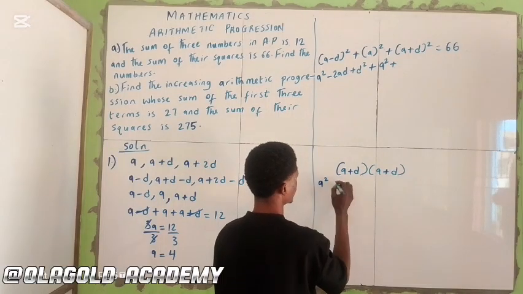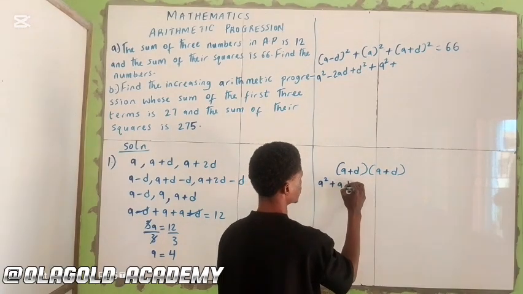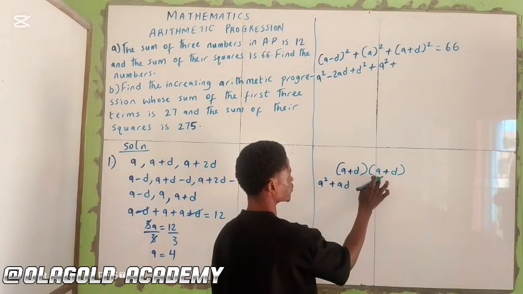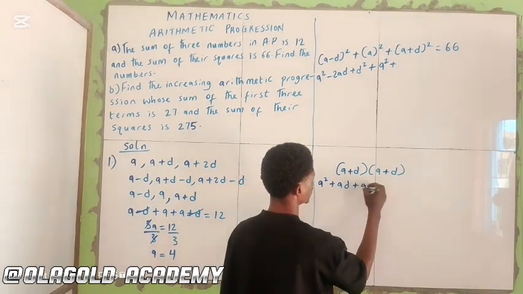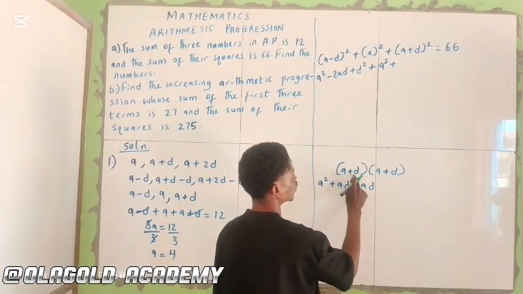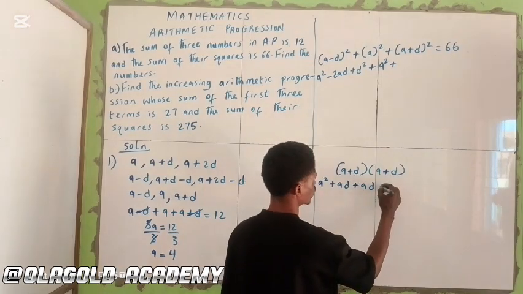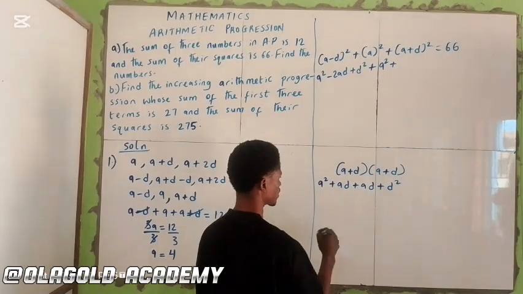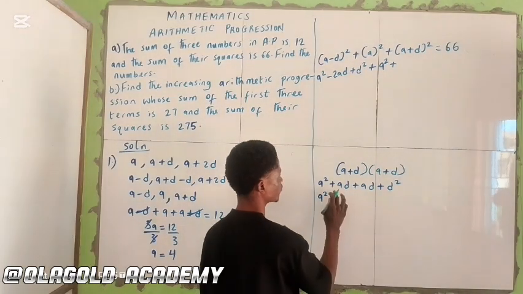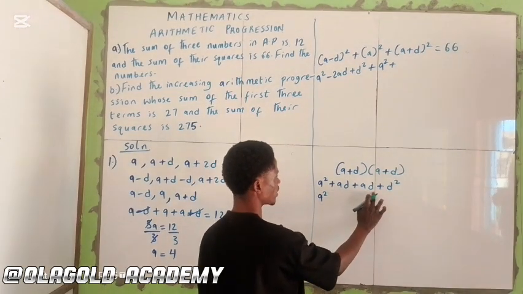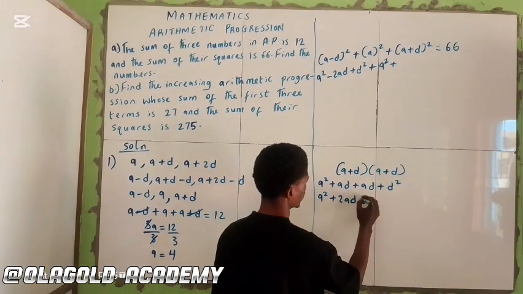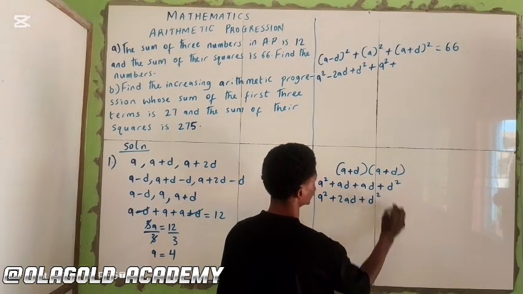A times D gives us plus AD. Plus D times A gives us plus AD. Plus D times plus D gives us plus D squared. So we have A squared plus 2AD plus D squared.